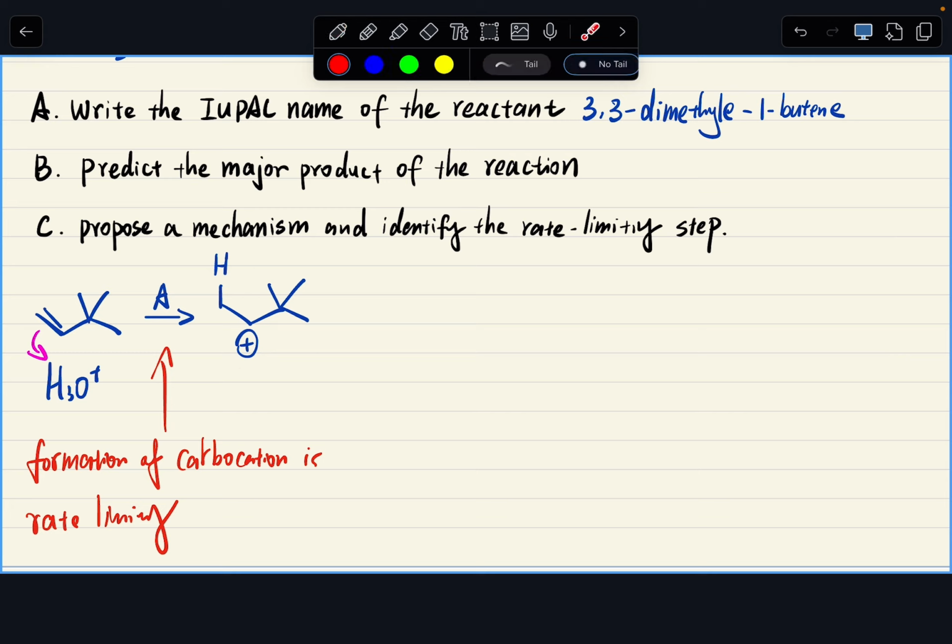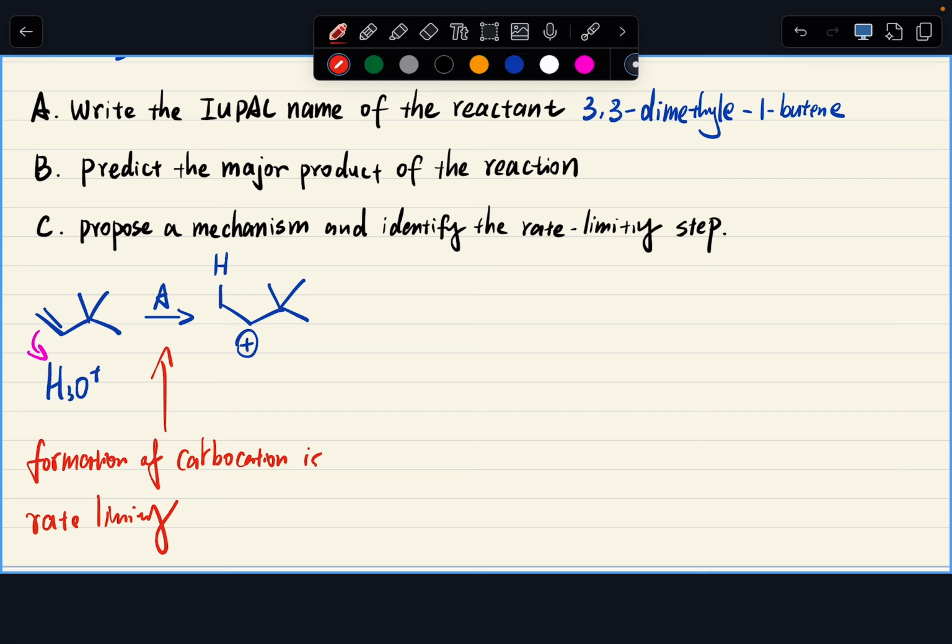Now, do we stop here? This is the point where you want to double think before you add the water onto attacking that carbocation position. Remember, for the carbocation, you can potentially have a 1,2 shift to form a more stable carbocation.